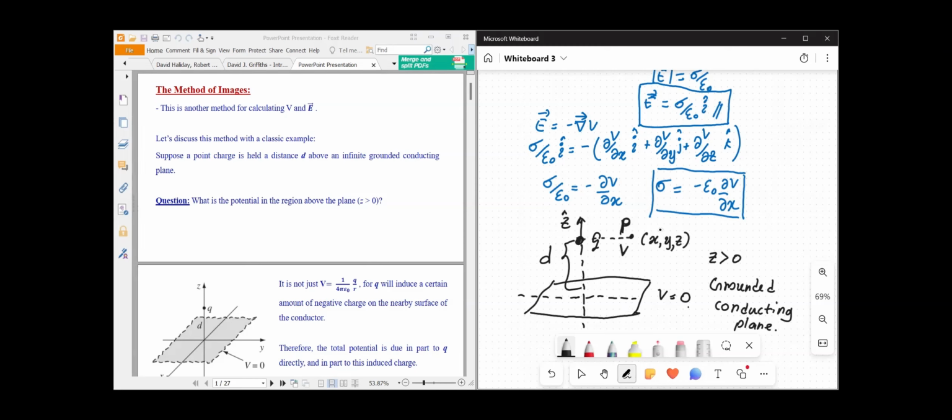So think, when I bring a certain positive charge Q here, now we have a conductor here, and in a conductor, those excess charges can move freely. So what will happen to the charge distribution on this conductor plane? What do you think?